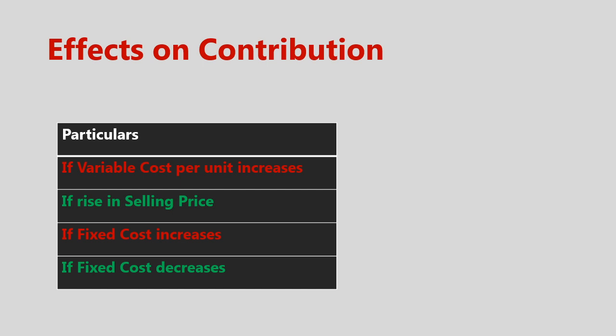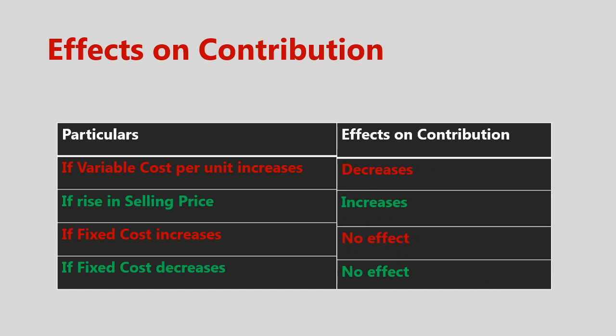So your contribution will increase. If your fixed cost increases, there is no effect on contribution. If your fixed cost decreases, again there is no impact on contribution. Contribution considers sales, that is a revenue, minus variable cost.